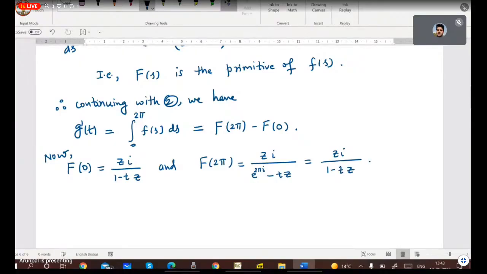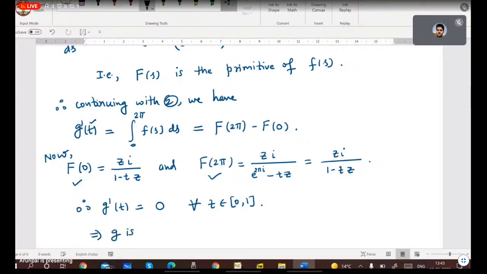So class, we are seeing that F at 0 and F at 2 pi are both equal. Very good. So therefore, g dash t is equal to 0. And this holds for all t in the closed interval 0, 1. I did not take any particular t here. It was any arbitrary t, right class?